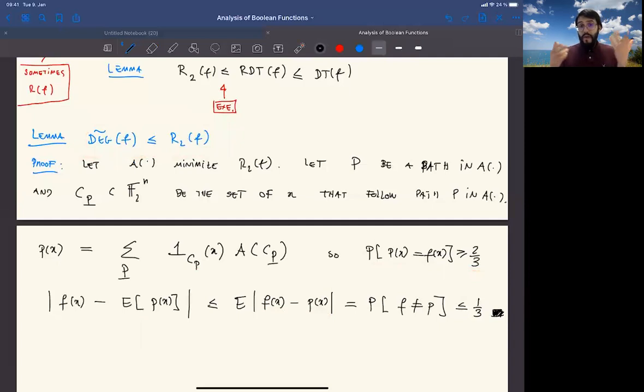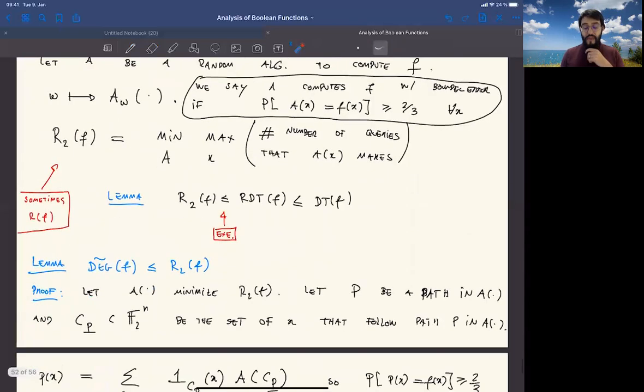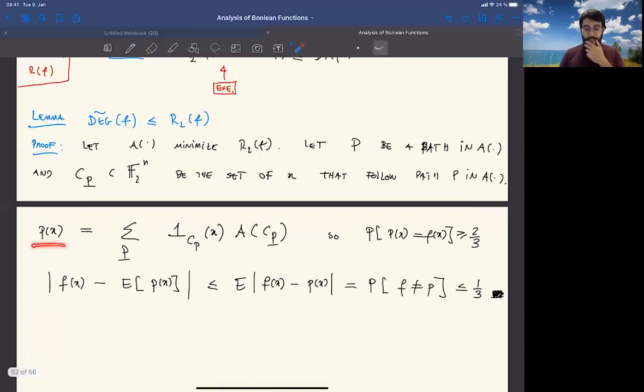So another, maybe even better way to think about bounded error decision tree complexity is to think of a random polynomial that computes F with a bounded distance from F of 1/3, say, in this sort of expectation of the value of P of X. This is another way of thinking about it.